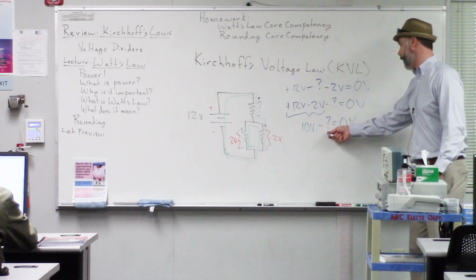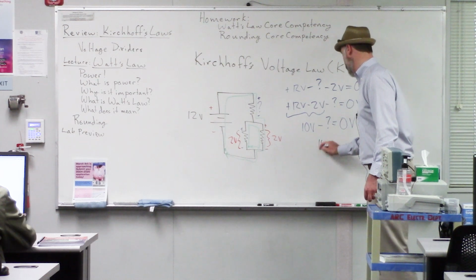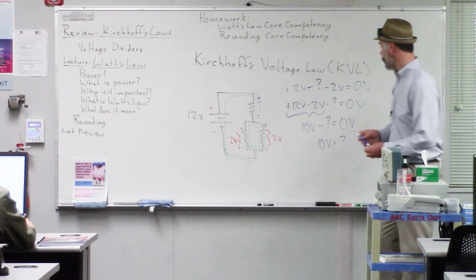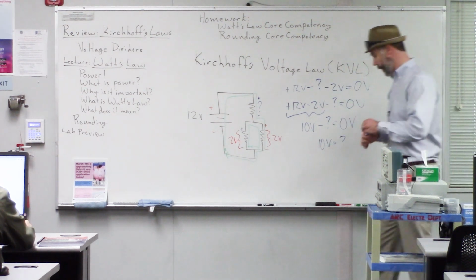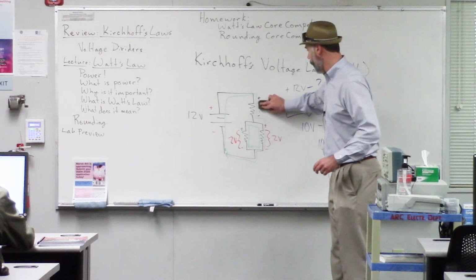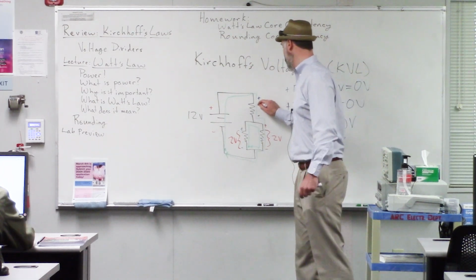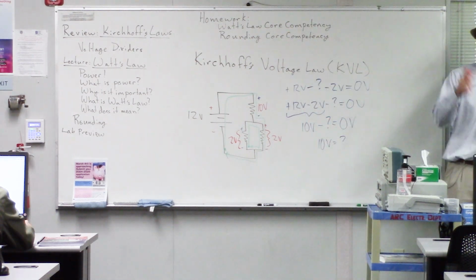So 10 minus our unknown is 0. Our unknown has to be 10 volts. Okay, so we could use Kirchhoff's law in that way to figure out that we have 10 volts up there.